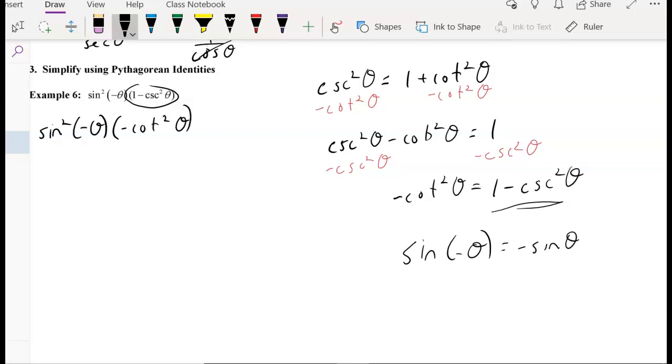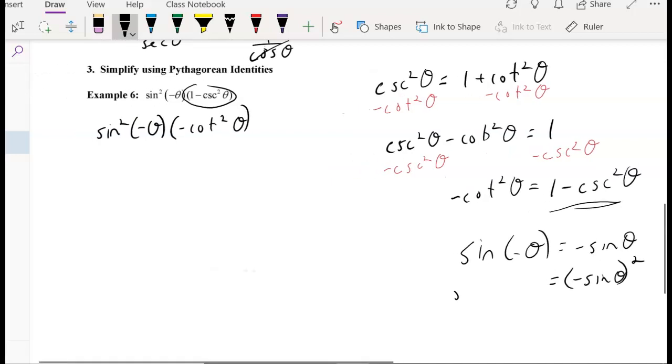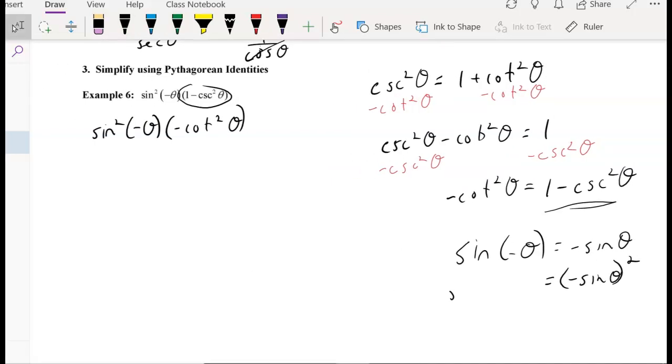But when we square it, we're going to end up with the opposite of the sine of theta squared, and now that negative does square away. So it doesn't matter whether you're talking about an even or an odd function. When it's being squared, the negative will just go away. In other words, this is just the same thing as the sine squared of theta. So the sine squared of negative theta is the opposite of the sine of theta squared, which is the sine squared of theta.